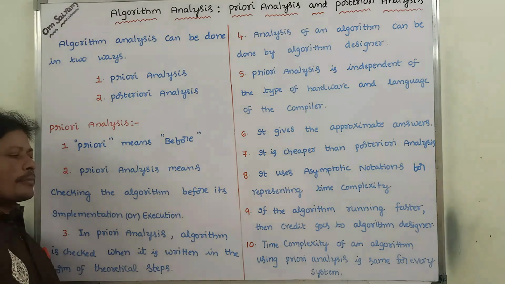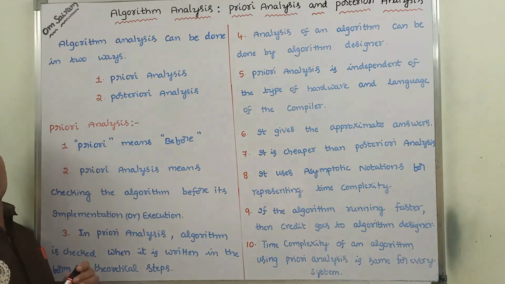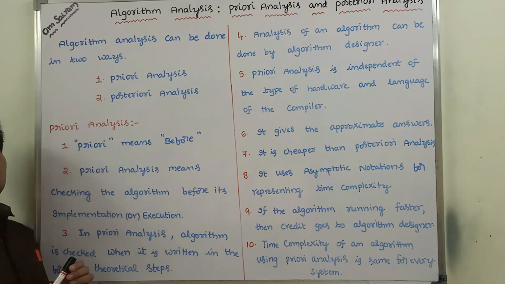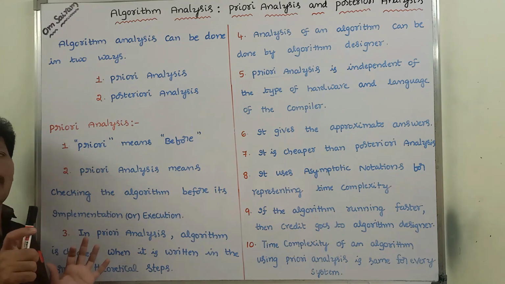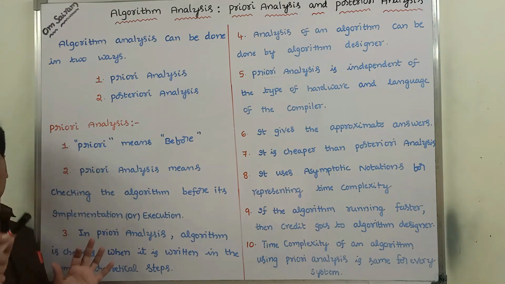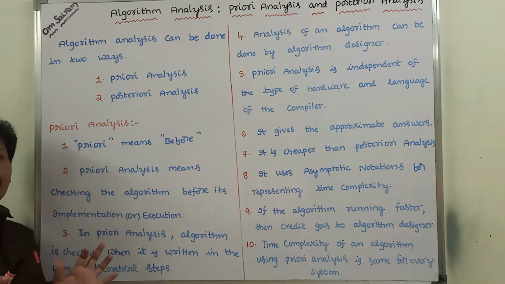Next point, the time complexity of an algorithm using priori analysis is the same for every system. It does not change. Once the algorithm analysis is calculated, it is the same for all algorithm designers.